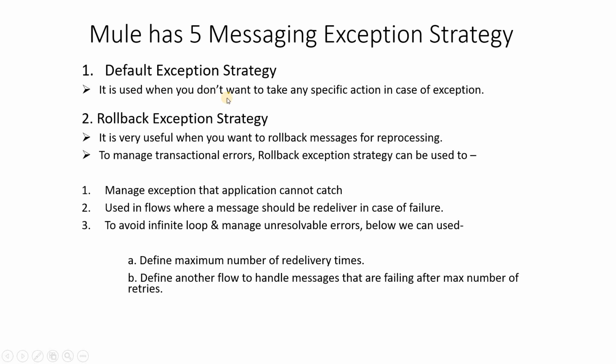It is used when you don't want to take any specific action in case of exception. Let's say you have a Mule flow. If you don't want to do any specific action on a particular error, you can go for the default exception strategy, and Mule itself will handle it. There is no need to do any specific action. So this is the first type of exception strategy.